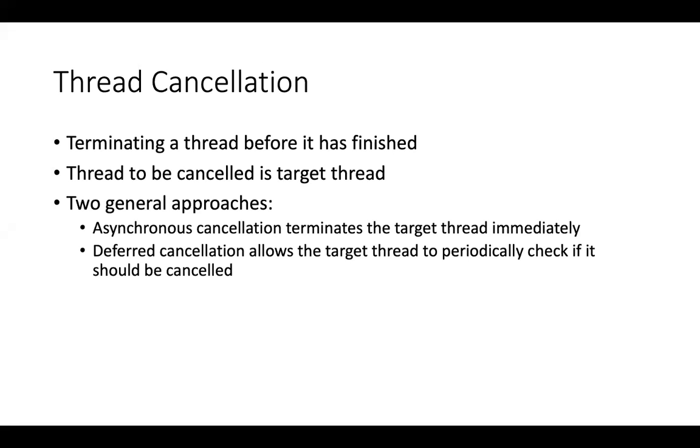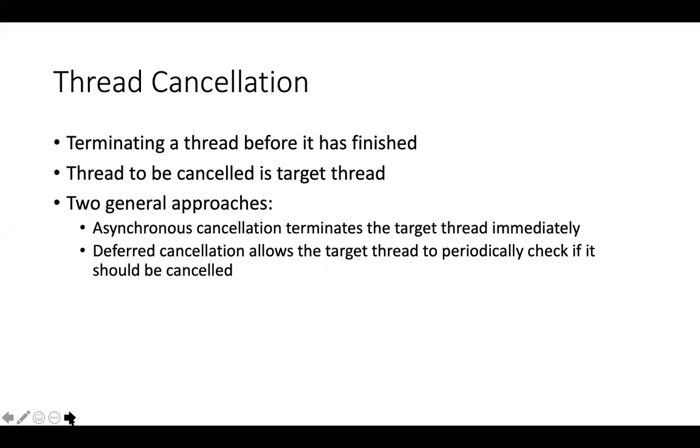Then if you realize that this task is no longer useful, that thread will be cancelled or terminated, and the entire process will continue to go on. Sometimes the parent will end up terminating, and obviously the child will terminate. Those are the deferred cancellations, which allow the target thread to periodically check if it should be cancelled. So when it realizes that maybe the parent process has stopped, all the child processes will also be stopped.